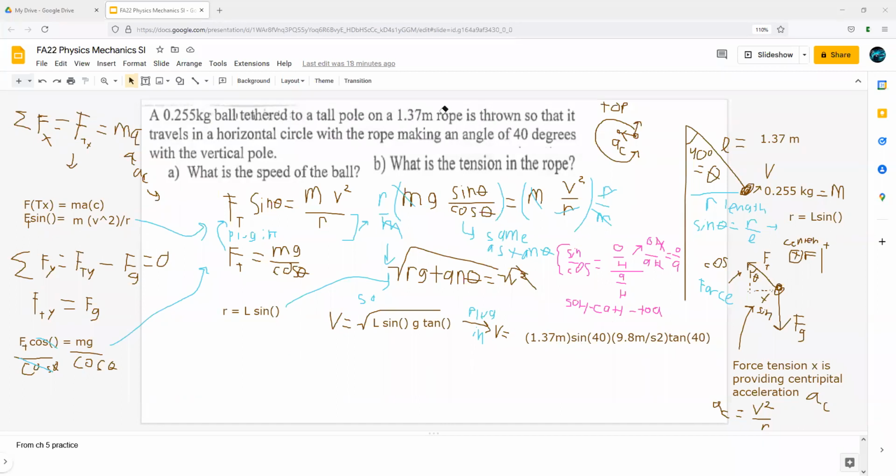And that means that V is equal to, go ahead and plug it in. I got 2.69 meters per second. So then that's A.